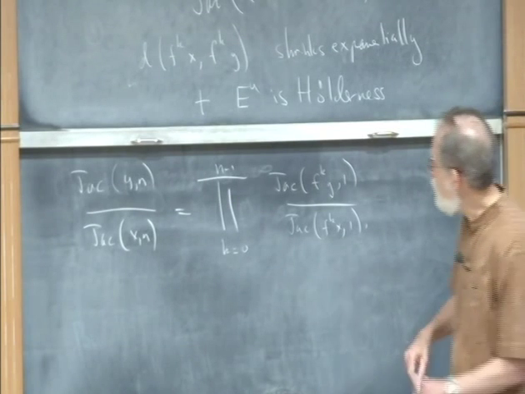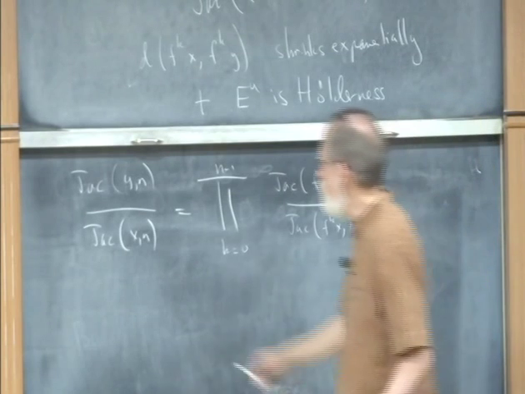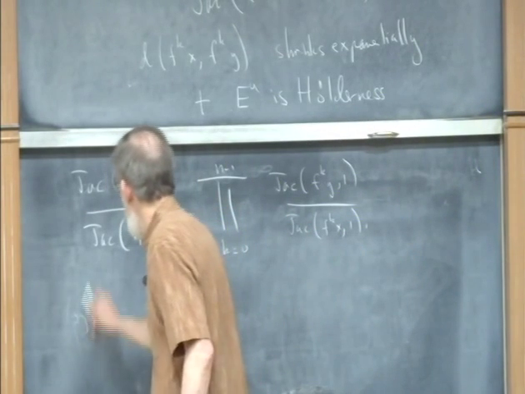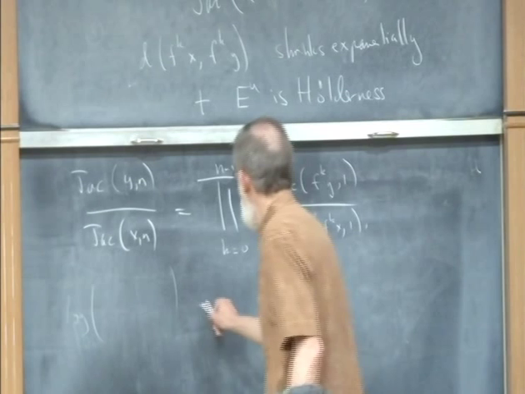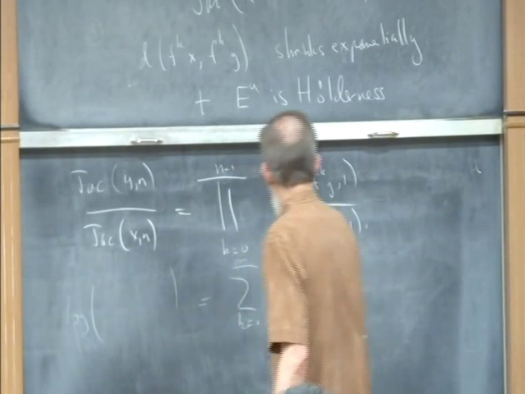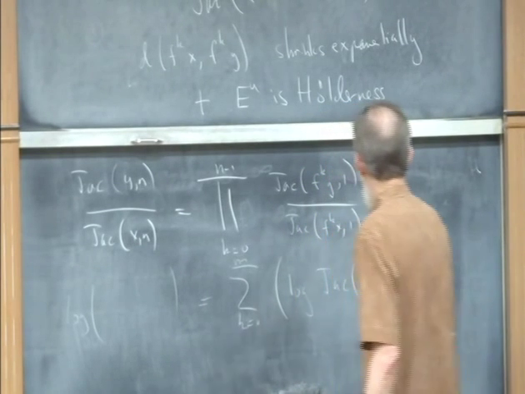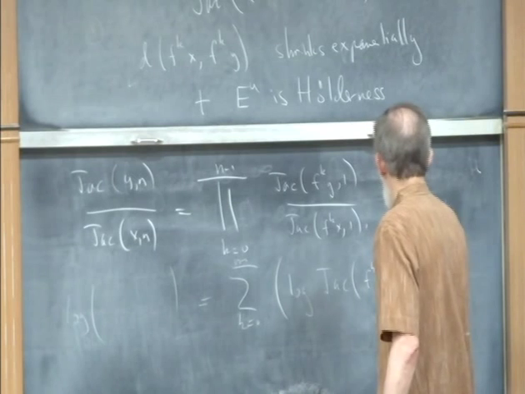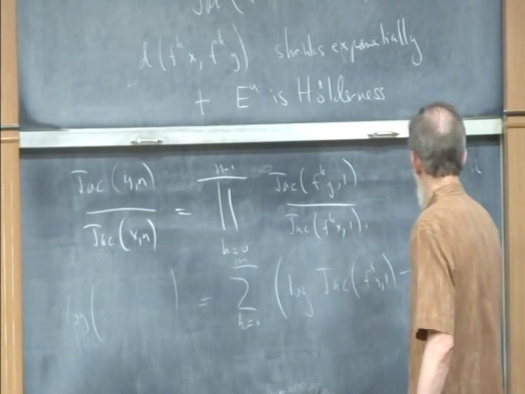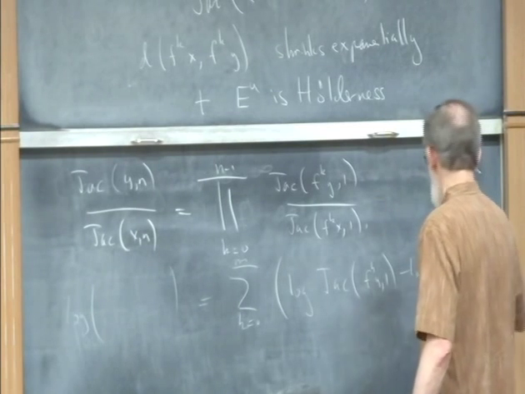So we can think of this as a product of these quotients. And then we probably want to take a logarithm, so we get a sum. The sum is going to be a log of the Jacobian at f^k of y minus the log of the Jacobian at f^k of x.